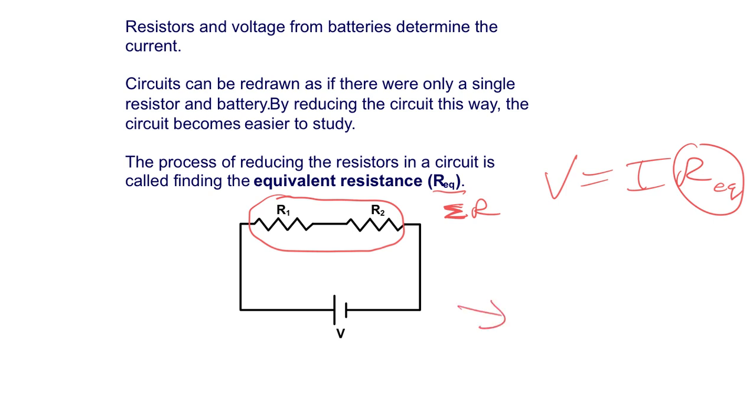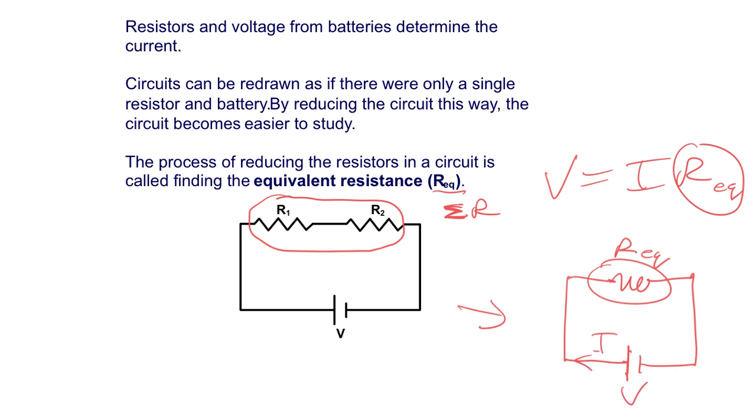Okay, so they rewrite this, or they visualize it like this, where the two become one, so that they can figure out the current if they have the voltage. Now, we're going to follow the rules on how you can find the equivalent resistance and how that allows us to find the current running through the circuit.